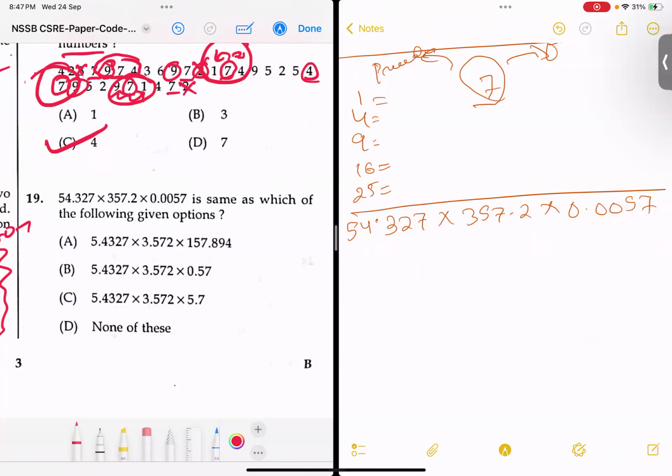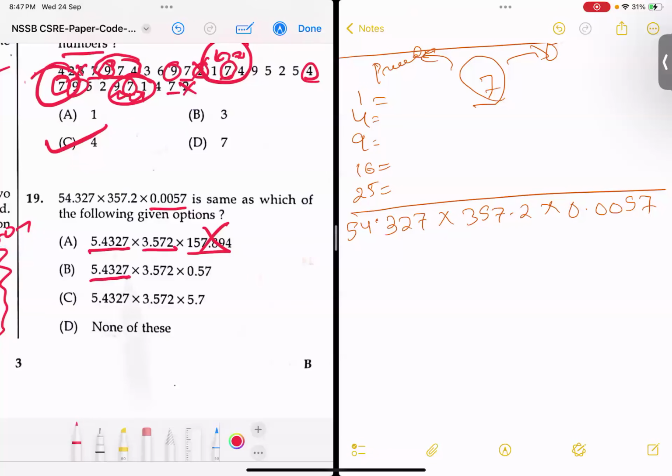So if you look at it, just look at the number itself, okay? Just ignore the point for some time, where the point is placed. First number is 54327, second is 3572, but the third number is 57 only. So here we have additional zeros, so we'll just cancel them out, okay?